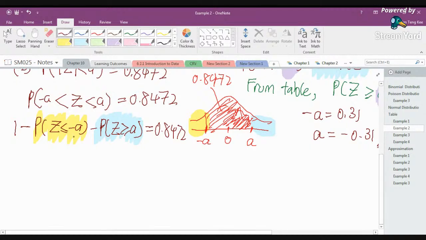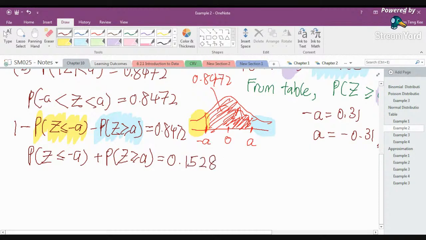The next line, we rearrange the terms. I find that P of Z less than or equal to negative A plus P of Z greater than or equal to A is equal to 0.1528.